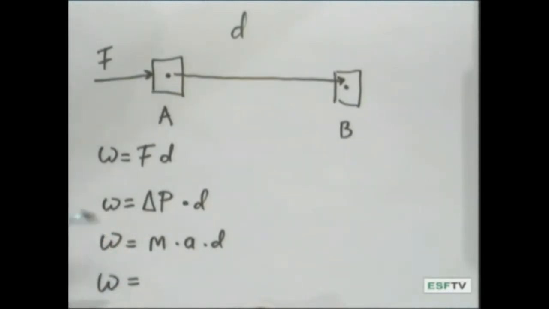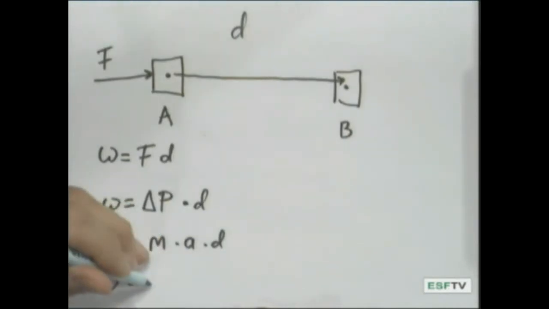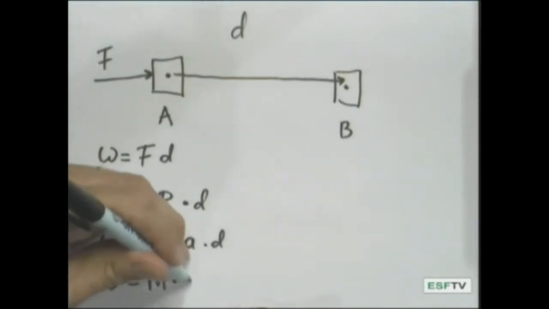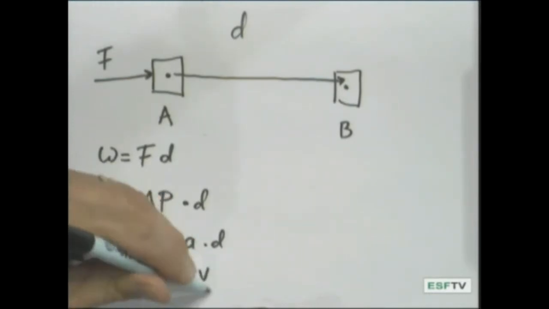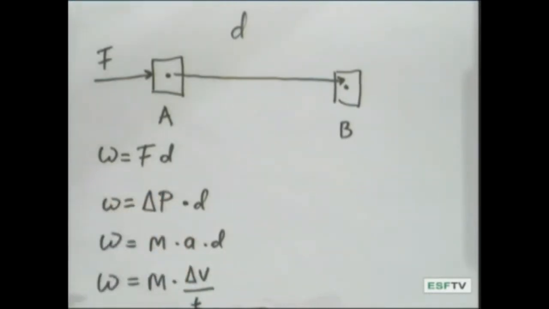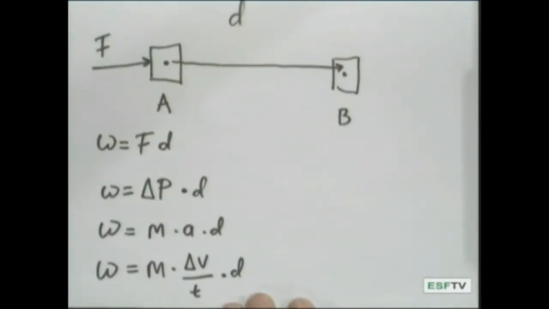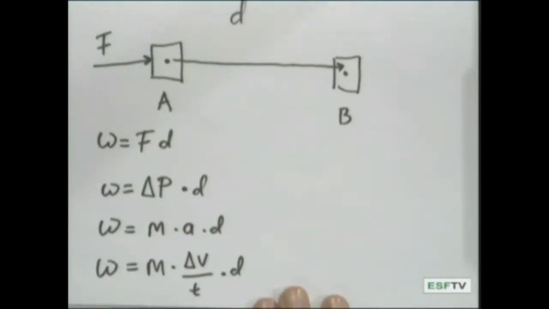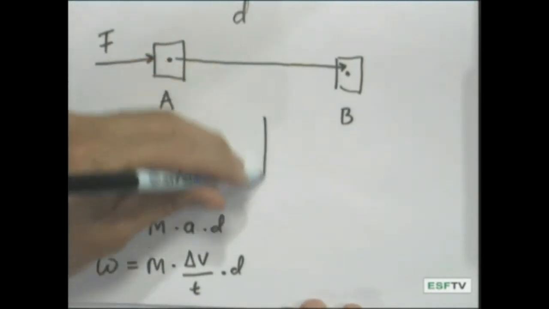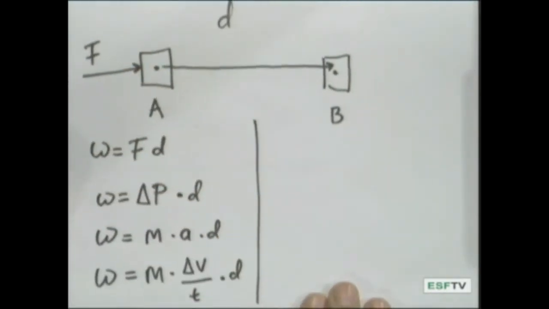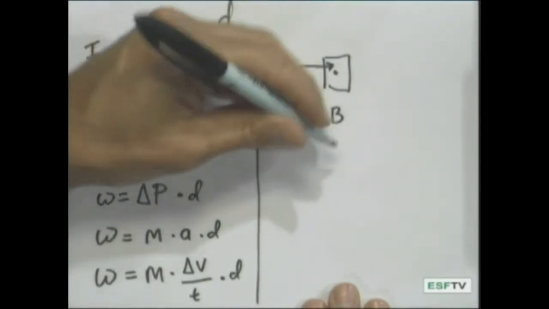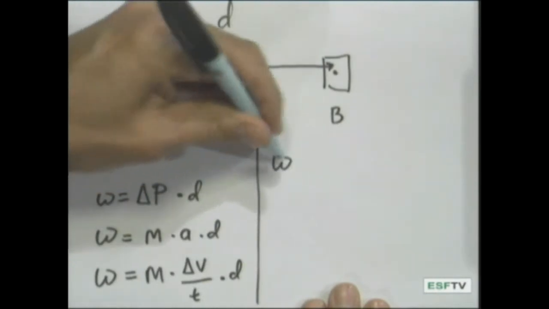Work is equal to a mass times a change of velocity over time times a distance. Let's carry on over here. The change of velocity over time has units of meters per second over seconds. So we can reformulate this equation.